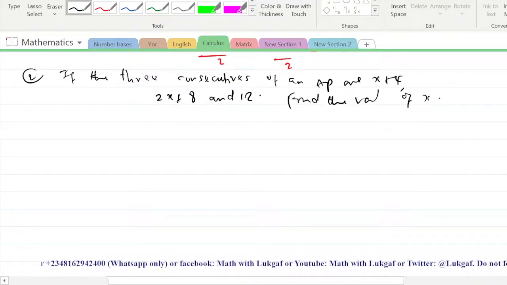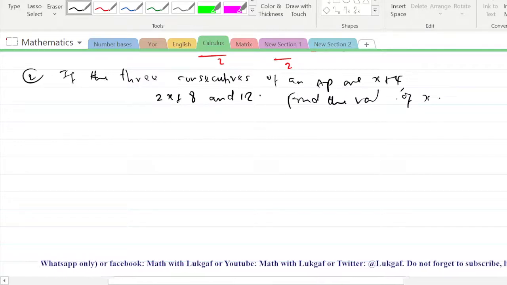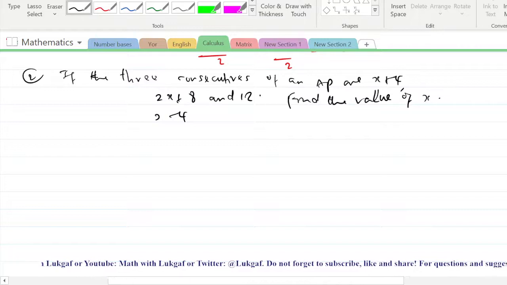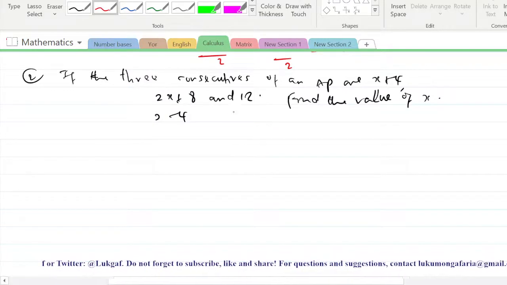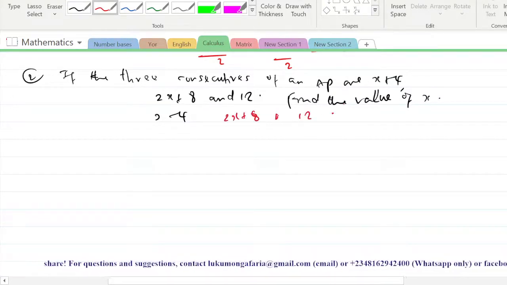It's not difficult to do. So you have your consecutive terms to be x plus 4, 2x plus 8, then you have 12.